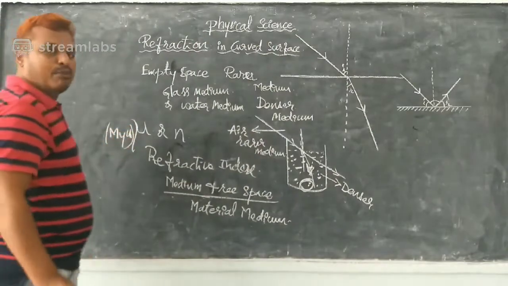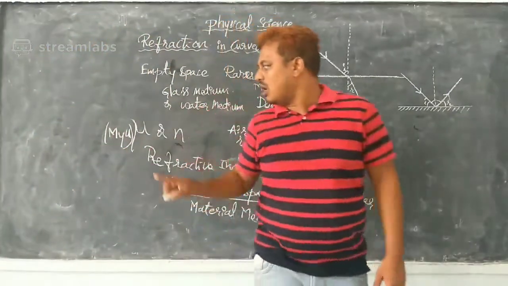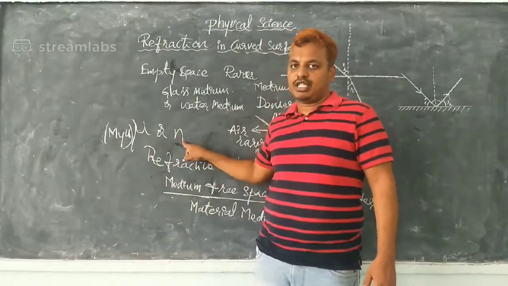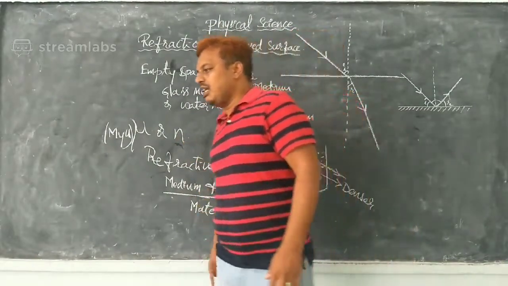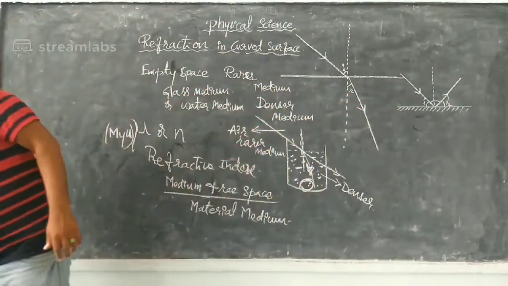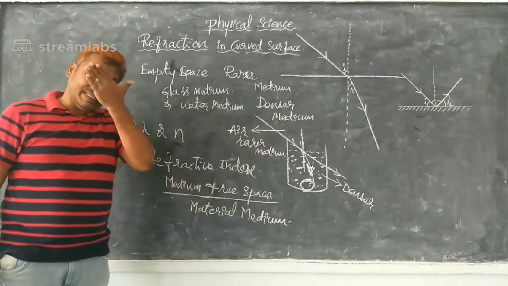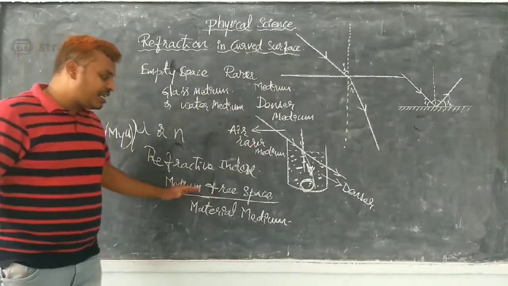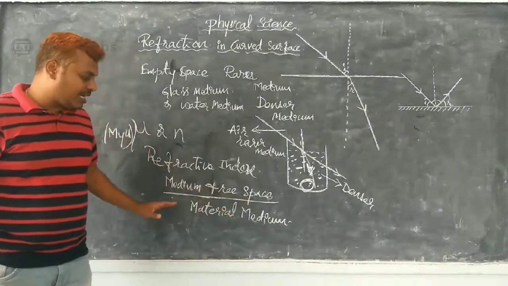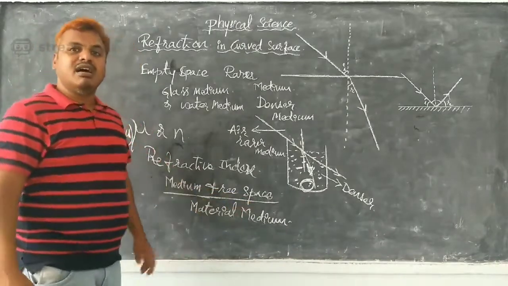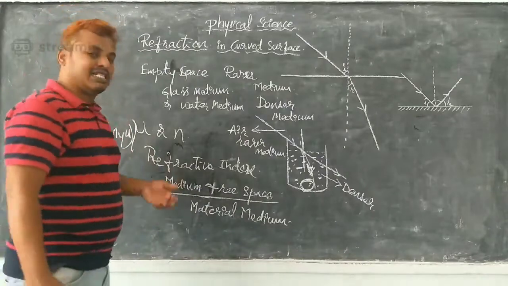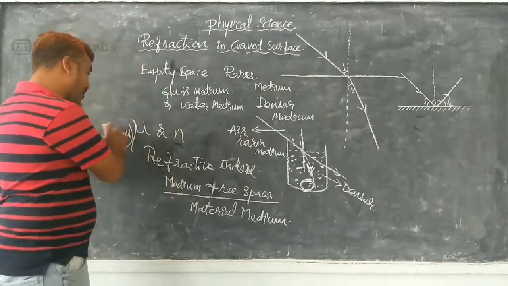It is denoted with mu or n. So n is the ratio of the angle in free space divided by the angle in the material medium, whether air, glass or water, whatever it is.